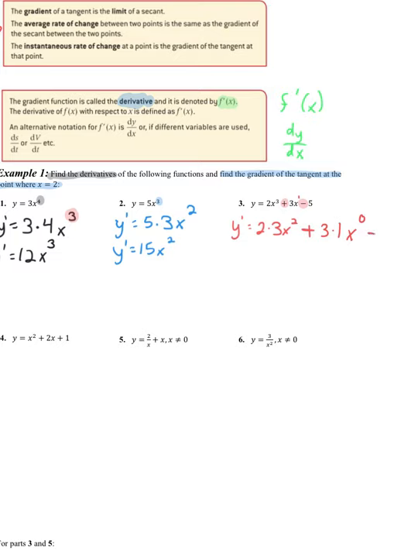And then minus 5, but guess what? There was an x to the 0 power next to the 5, so that one actually just goes away. We lose the 5 completely. So in this problem, y prime equals 2 times 3 is 6x squared plus 3.